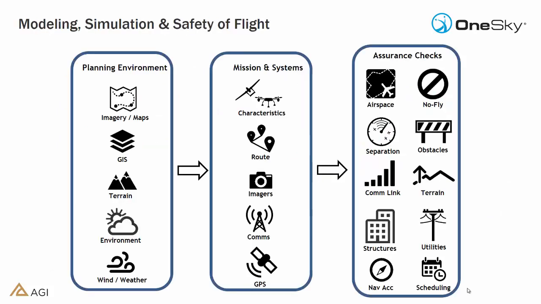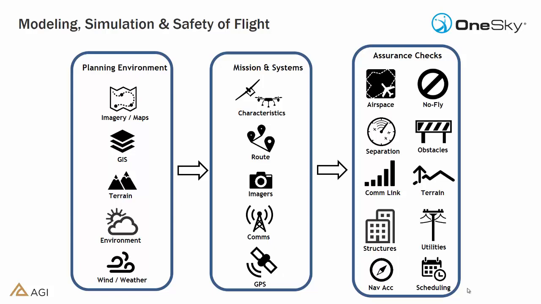So when you think about that typical workflow of modeling and simulation of systems, you really need to start with a properly defined environment of operations, right? So imagery layers and map layers and geospatial information that you may need to bring in, high resolution terrain, wind models and environment models for RF propagation, and really setting up the theater of operations.